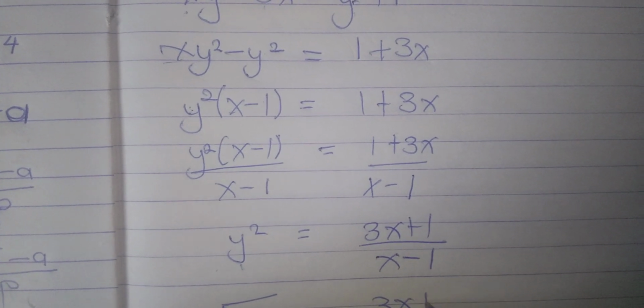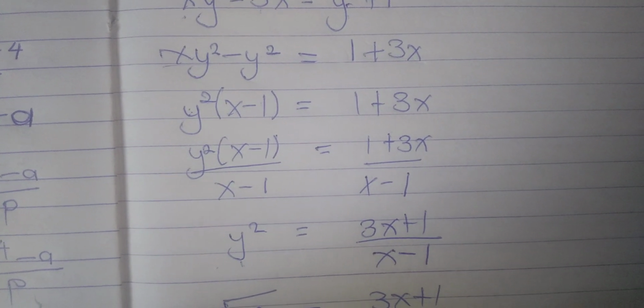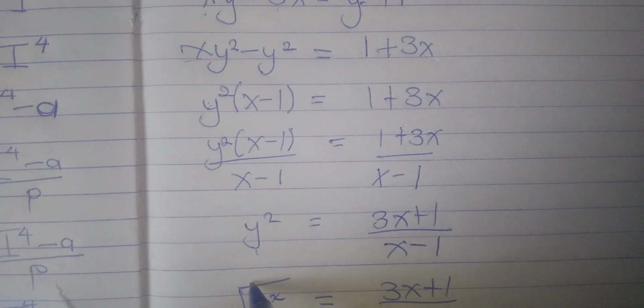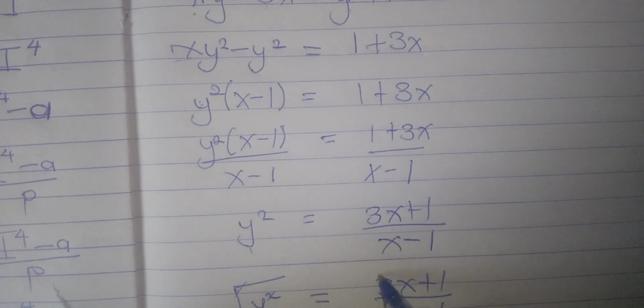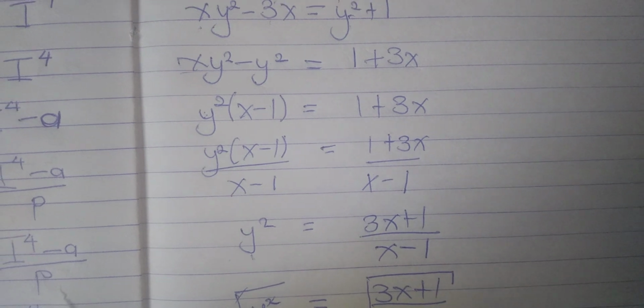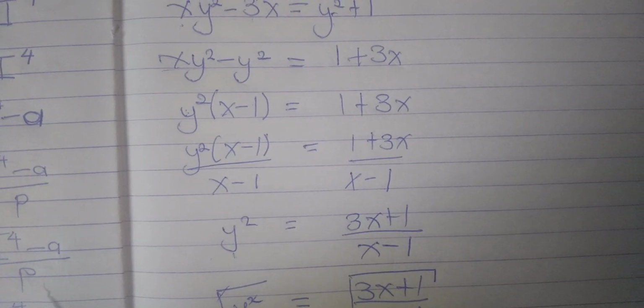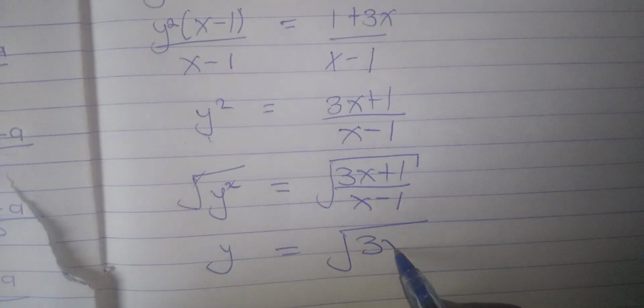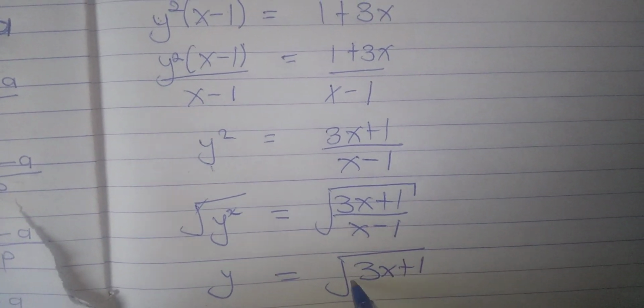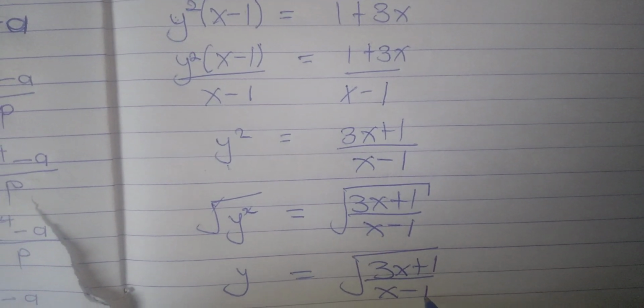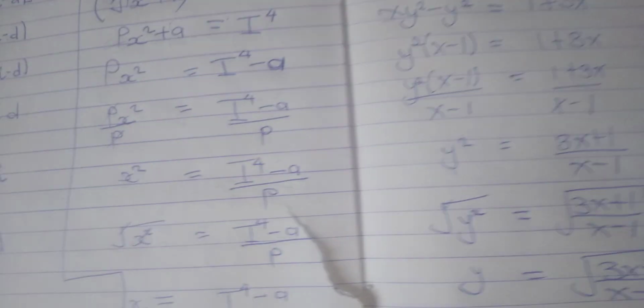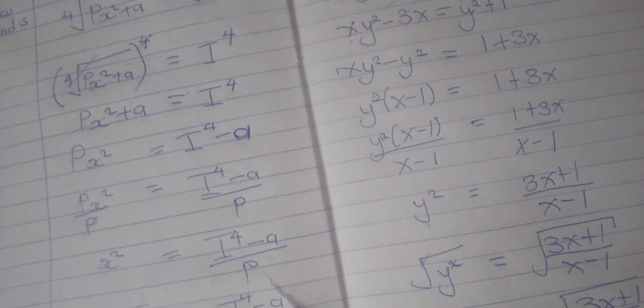The square goes with the square root. So our y, taking a square root on both sides, will equal the root of 3x plus 1 over x minus 1. So we have simply made y the subject of the formula.